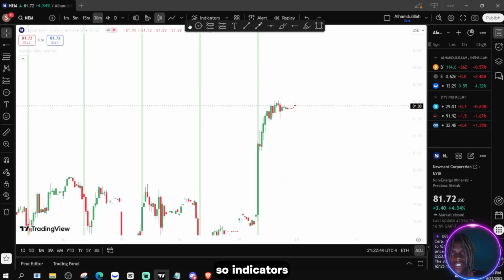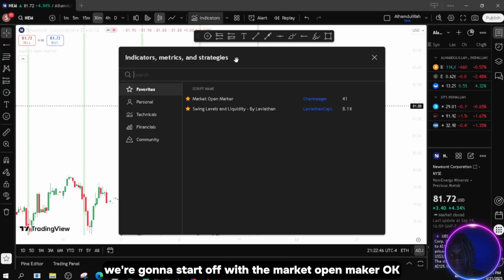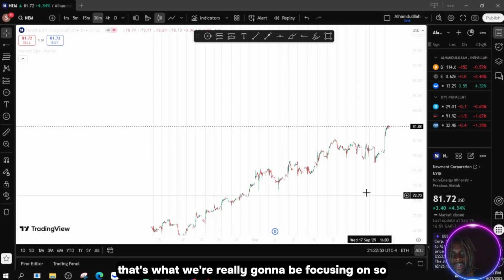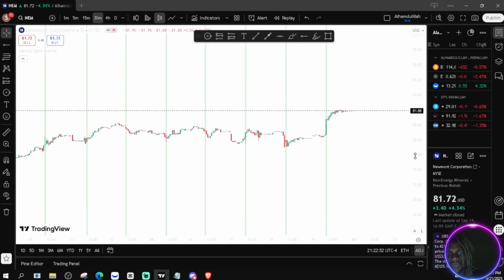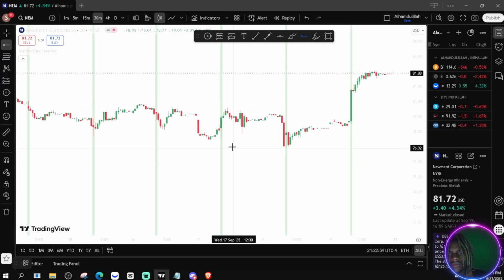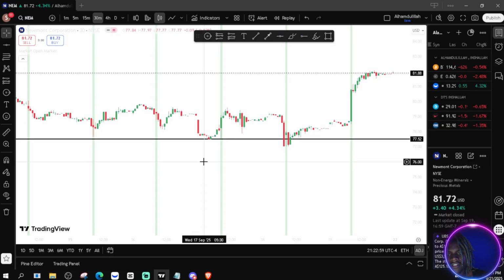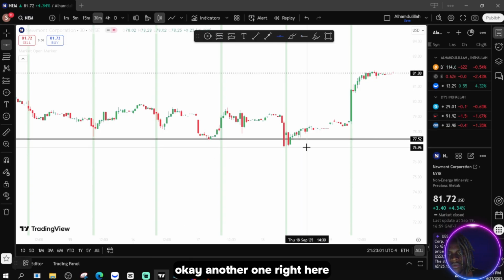Okay. So indicators, we're going to start off with the market open maker, okay? And we're just focusing on these 930 levels, okay? That's what really we're going to be focusing on. So got a 930 level right here. Okay, another one right here.